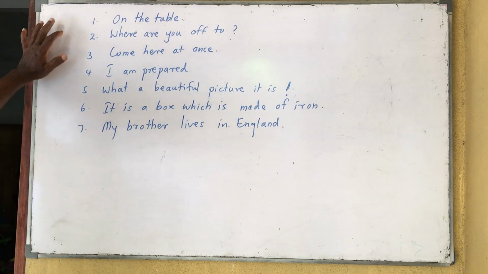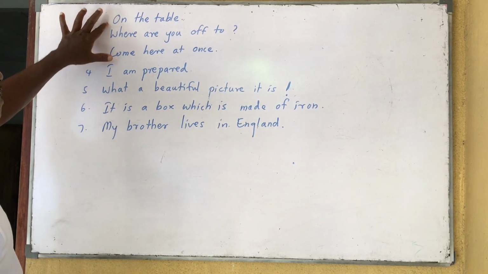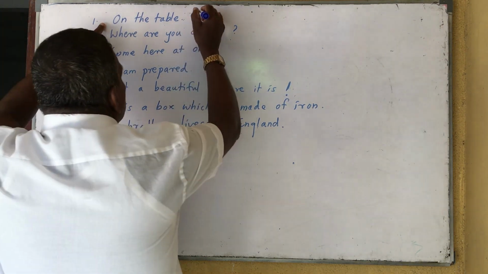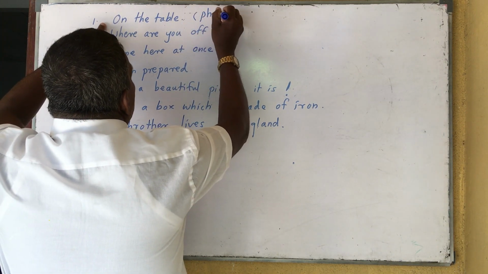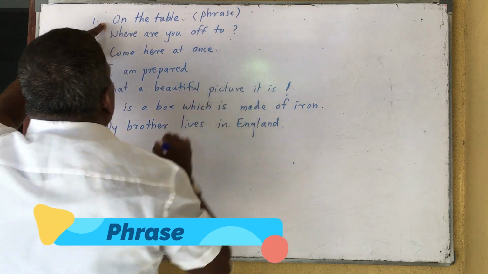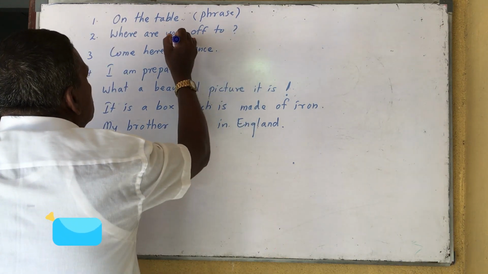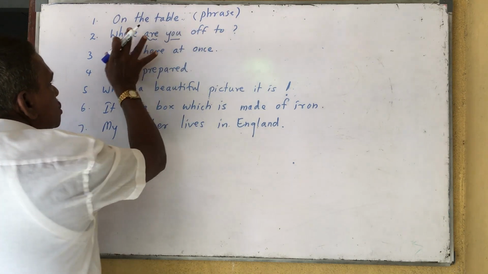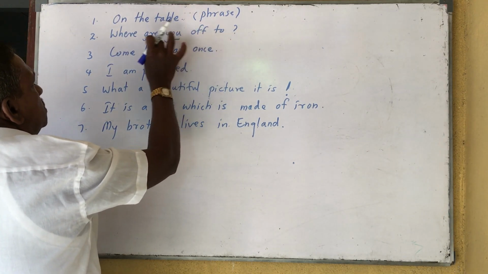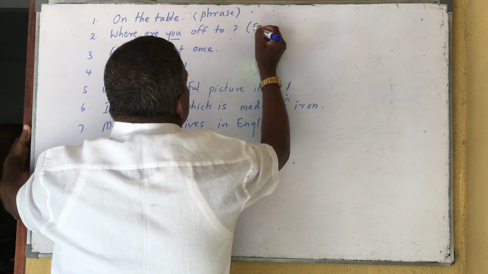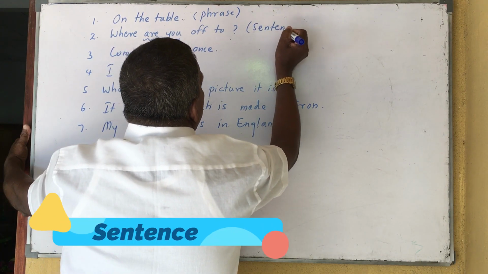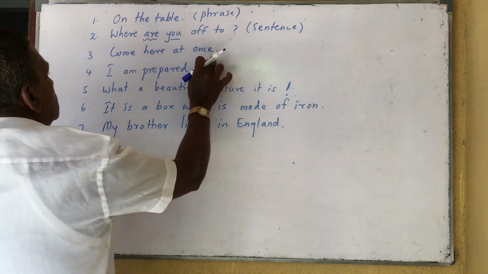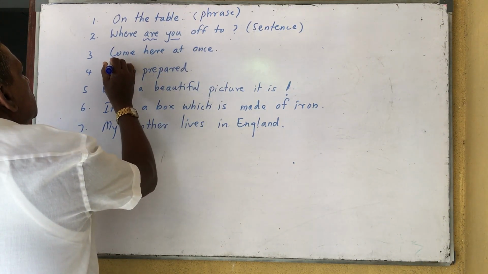Now see, first one. Here there is not a subject, there is not a verb, so it must be a phrase. Here the subject is you, verb is are. This group of words has a subject and a verb, so it is a sentence. Come here at once. You know, come is the verb.